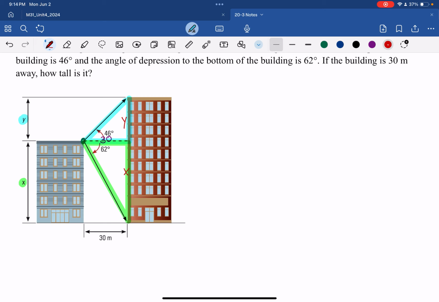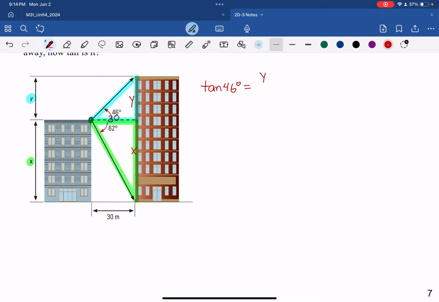So if I start with this blue triangle, I have 46, the 30 is an adjacent side, and then I'm going to look for Y, which is opposite. So opposite and adjacent, I'm going to use tan. So tan of 45 degrees, or sorry, 46, is equal to my opposite side Y and my adjacent is 30.